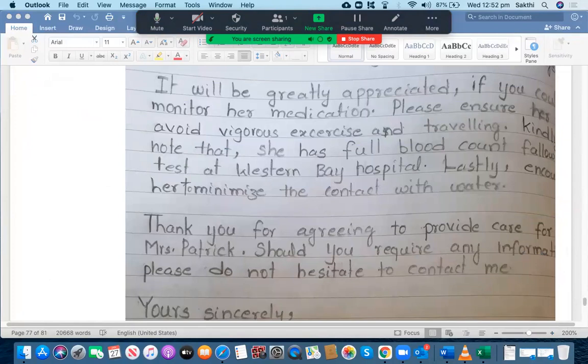Vigorous exercise and traveling. Okay, kindly note that she has full blood count for follow-up test at Western Bay Hospital. Lastly, encourage her to minimize. Look at these words, they seem to be one word only.